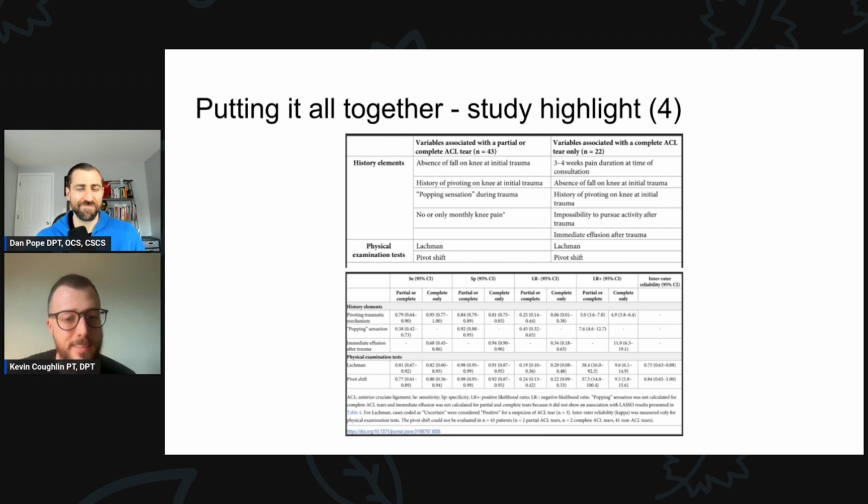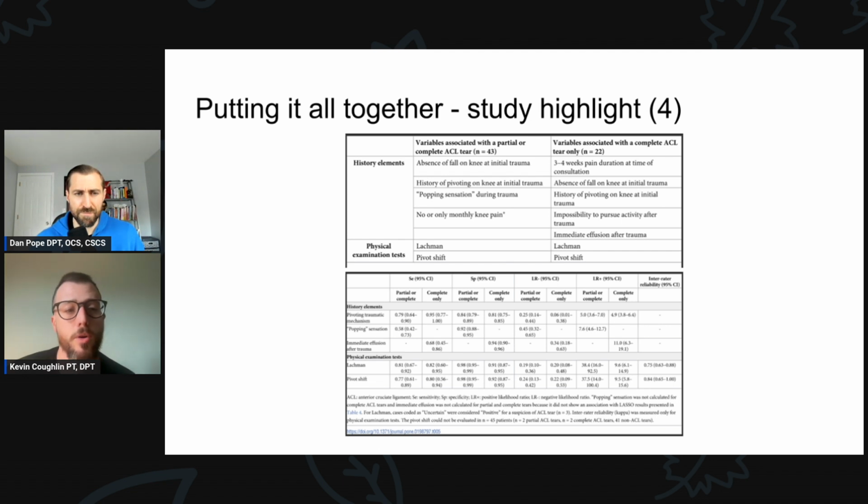So then looking at the table below here, what the authors were doing is they're chunking the sensitivities, the specificities, the negative likelihood ratios, and the positive likelihood ratios. And if they're looking at kind of pivoting traumatic mechanism, so someone who has a pivot twist type injury, they're seeing a sensitivity of that in isolation of 79%.